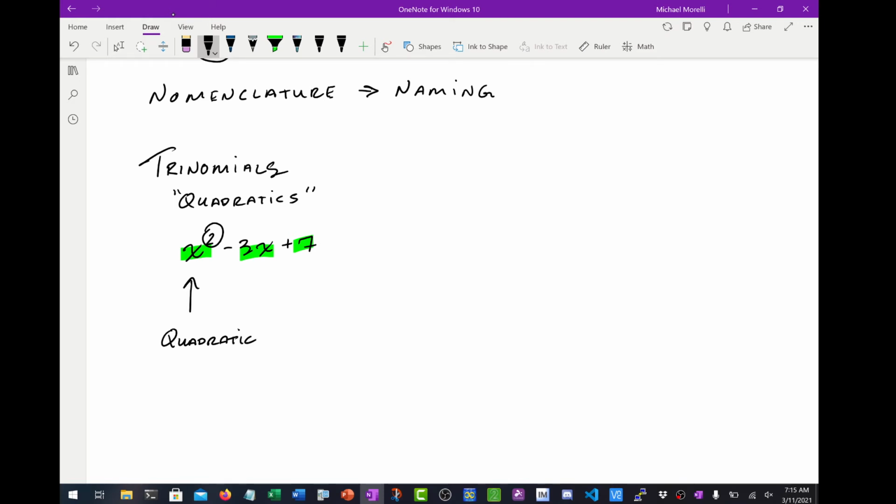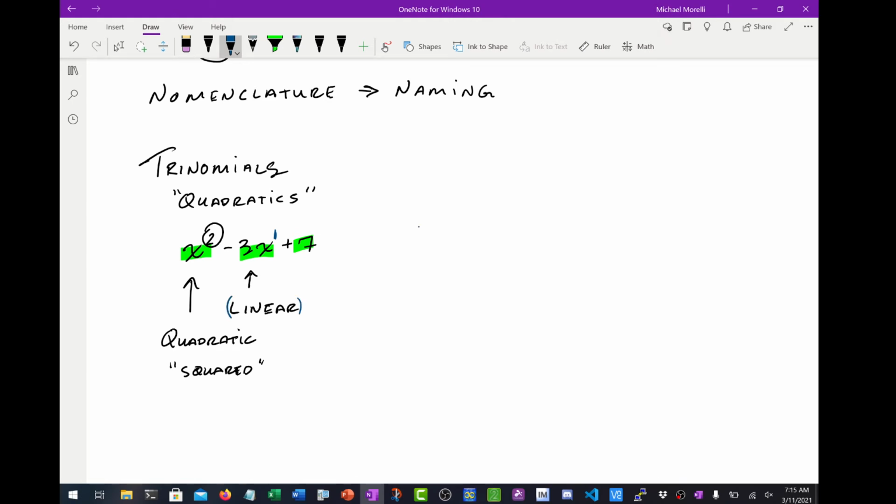And it's quadratic because it's squared. Okay? This term, negative 3x, this is called the linear term. And it's called linear because it doesn't have an exponent that's shown, but we all know that there's really a little hidden exponent of 1. So this is called the linear term.